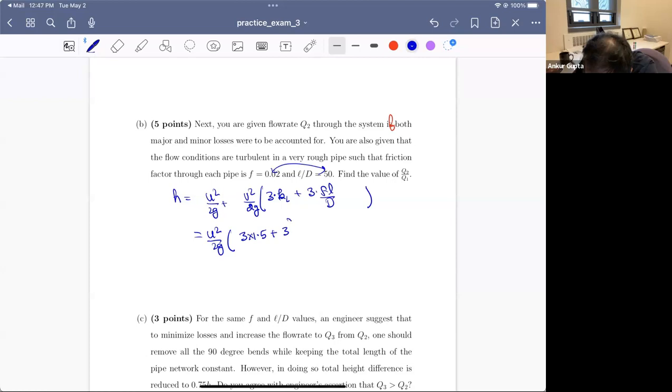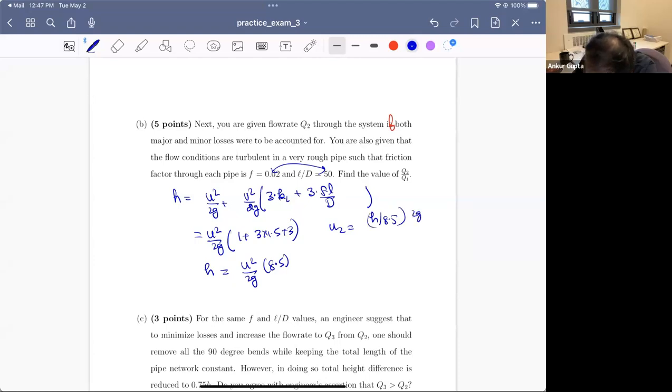It's also 3. And then I also have the plus 1 from the first one. So 1 plus 3 into 1.5 plus 3. So this becomes U square by 2G into 8.5 into H. So your velocity 2, I will just call it velocity 2, is square root of H by 8.5 into 2G.